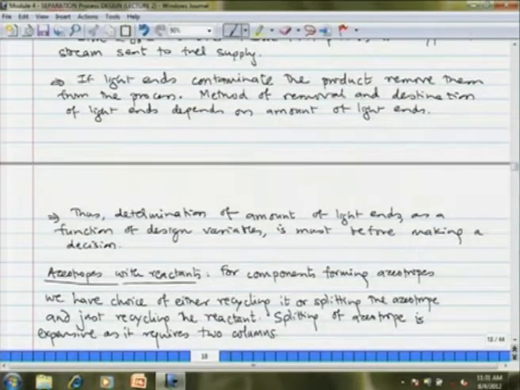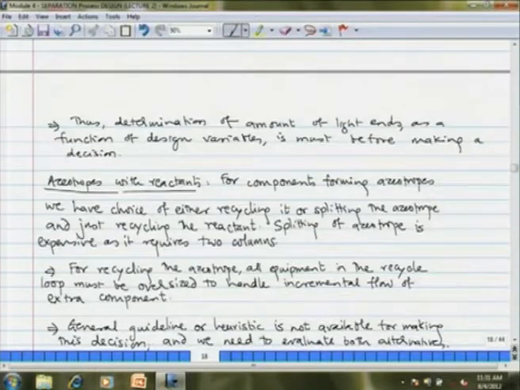Method of removal and destination of light ends depends on the amount of light ends that I already mentioned. So, the determination of amount of light ends as a function of design variables is a must before making a final decision. This point we note.